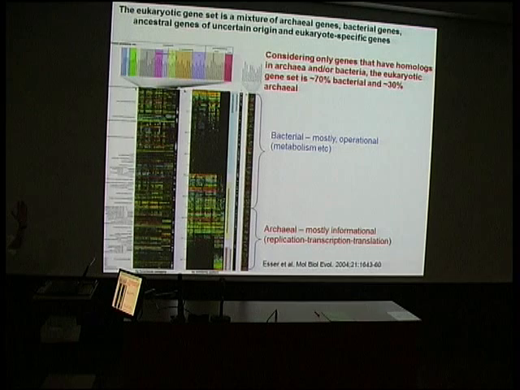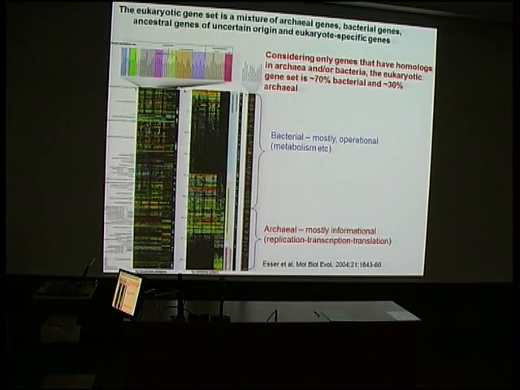I hope everyone in the audience knows what archaea and bacteria are. They're the two distinct kinds of prokaryotic organisms, formerly called archaebacteria and eubacteria, but we now understand that the distinctions between them are such that it's best to speak of archaea and bacteria separately.